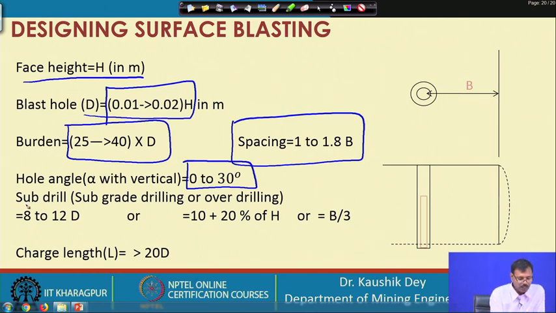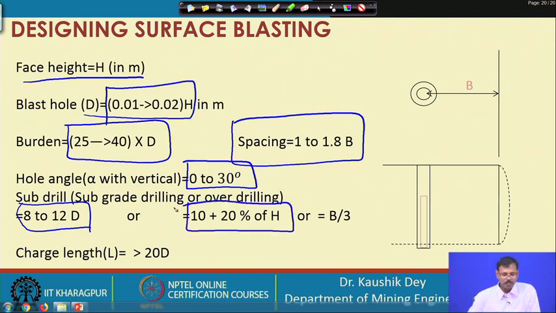Sub drilling is required in a few cases where it should be 8 to 12 times the diameter of the blast hole, or it may be 10 plus 20% of the bench height, or it may be B by 3 in different conditions, and charge length must be greater than 20 times the diameter.